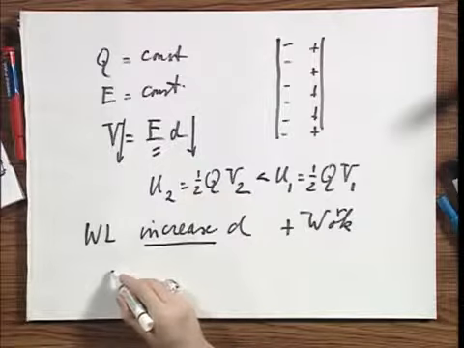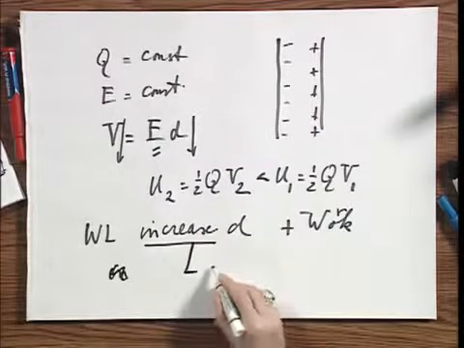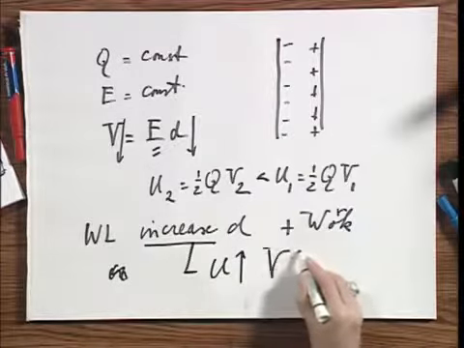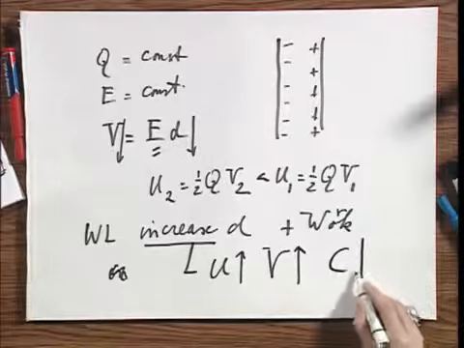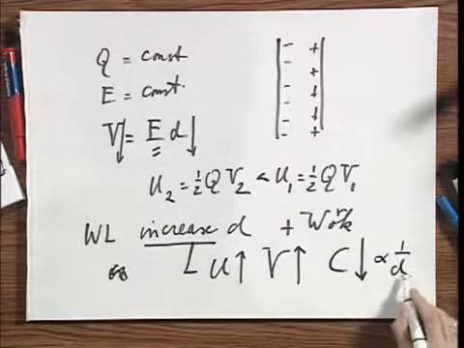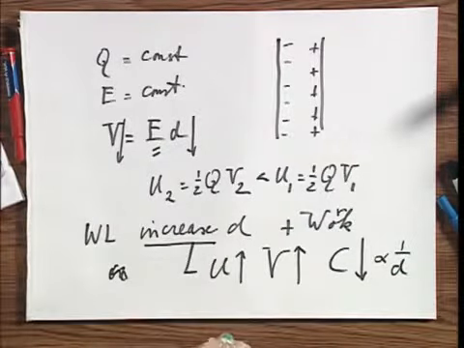So, if I increase D, then U will go up, V will go up, potential difference, and the capacitance will go down, because remember, the capacitance is inversely proportional to D. So if D goes up, C will go down.